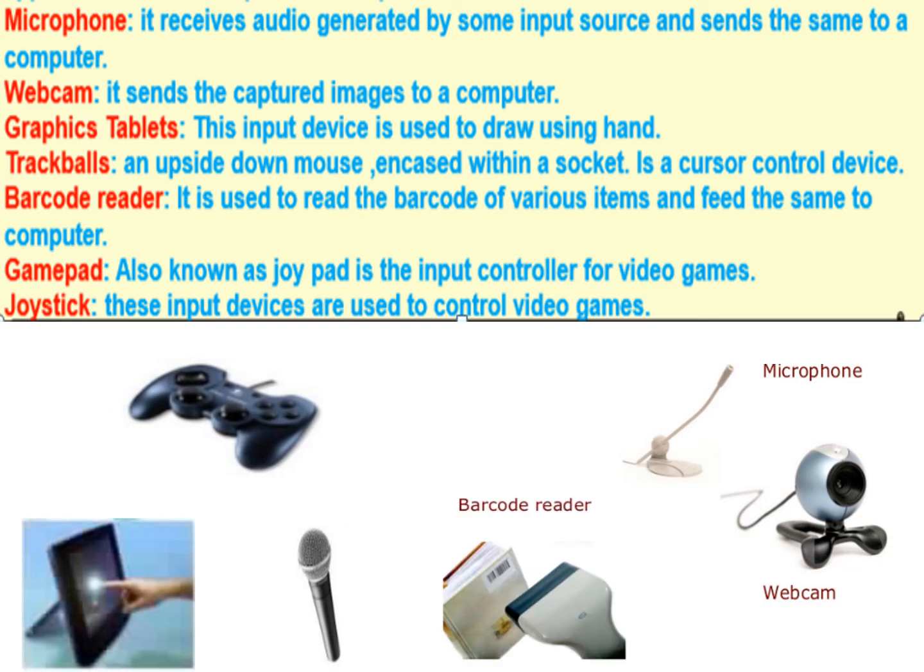Mic, barcode reader to read the details at the back, or it can be in front but in the form of these lines. Now this is your joystick, which is used for playing video games and other games. In this lesson I have just discussed these input devices, but there are n number of input devices available.